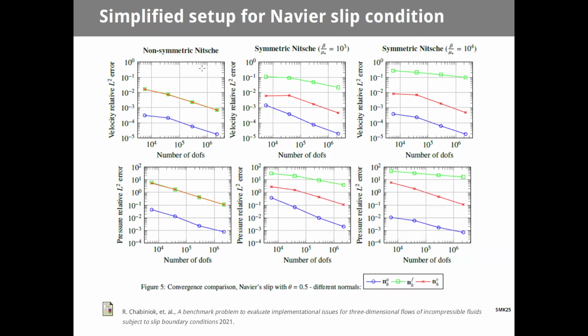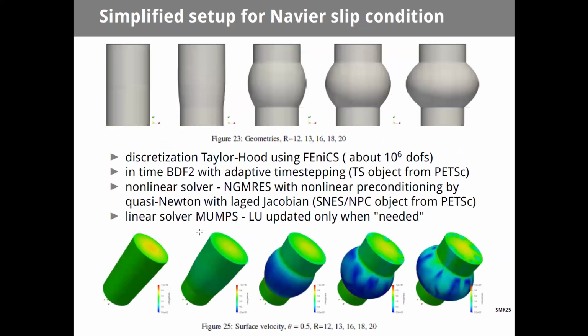There is also a variant, non-symmetric Nečas, where you don't need this penalty term, and in this case it worked also without the penalty terms, which somehow gives a little bit more consistent results. So for the real data computations, we use this non-symmetric Nečas method for enforcing this no penetration boundary condition.